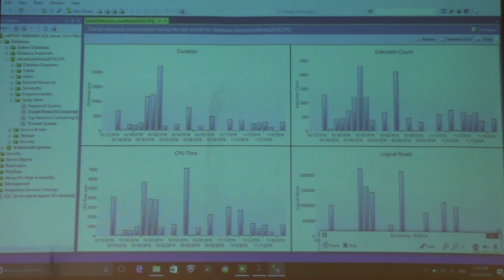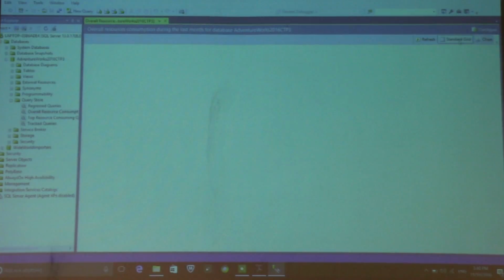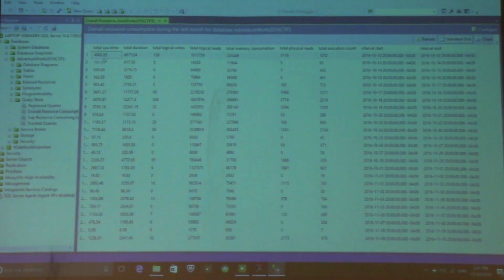CPU time, which is used for the execution, and then logical reads, which is the number of reads from the disk. You can see also this is a grid showing the total CPU time for each day, for each interval. This shows how you have used your database.